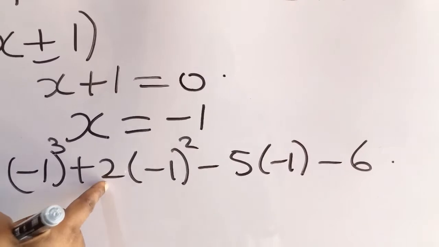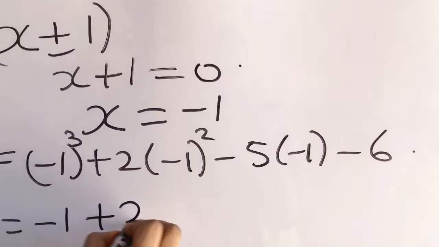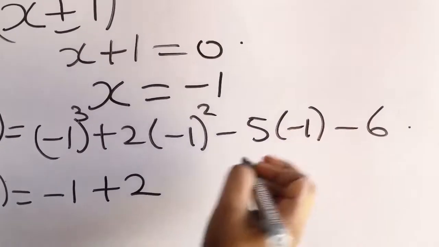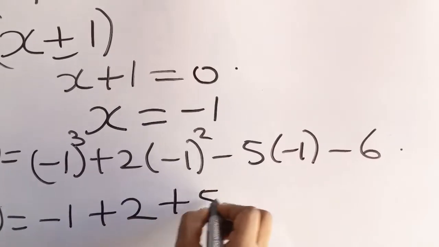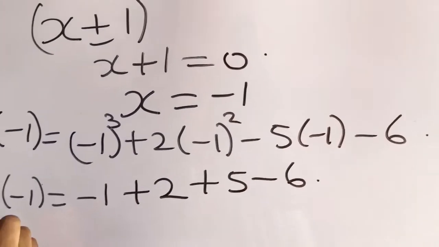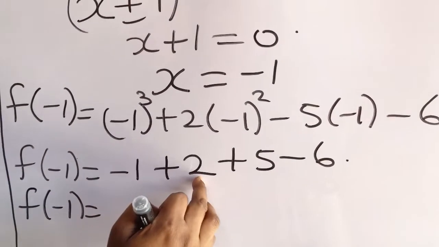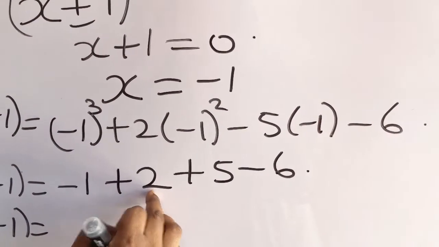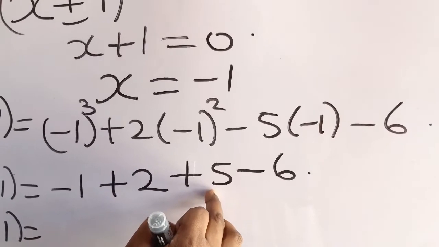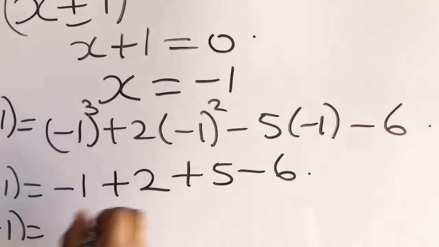So 1 multiplied by 2 gives plus 2. Minus 5 multiplied by minus 1 gives plus 5, then minus 6. So f of minus 1 is equal to minus 1 plus 2 gives plus 1. Plus 1 plus 5 gives plus 6. Plus 6 minus 6 gives 0.